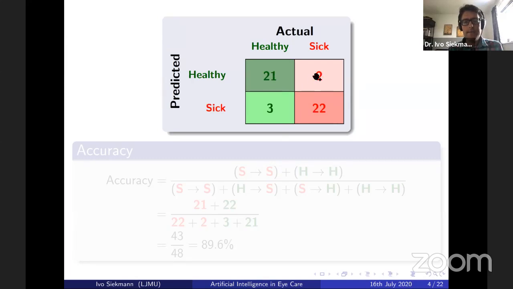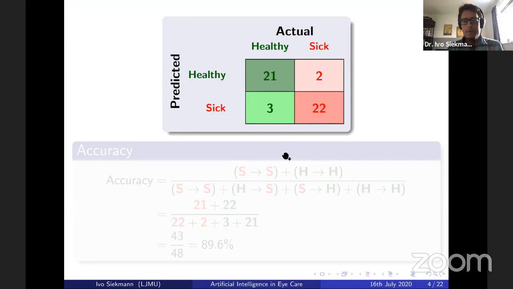So we have made a mistake here. On the second row, we see predictions as sick and the actual outcome. Here we have got 3 patients wrong, patients that were predicted as sick that were actually healthy. And we got 22 sick patients right.